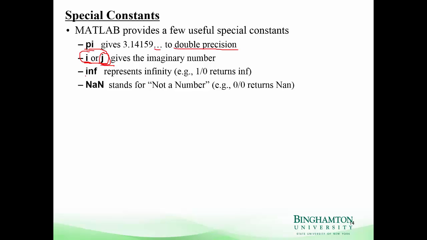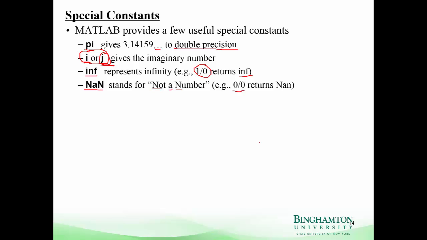MATLAB actually has Inf, which represents infinity. So if you actually go to the command line and type in 1 divided by 0, it will return the value Inf. So that's kind of cool in that it will account for that. And then related to that, there's also NaN, which stands for not a number. If you go to the command line and type in 0 divided by 0, you'll get a return of NaN.